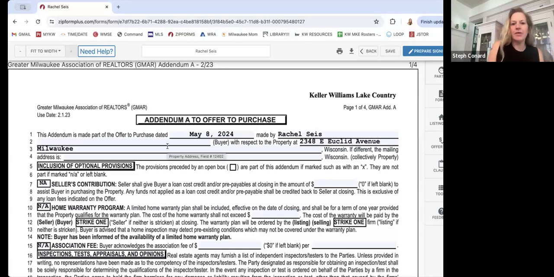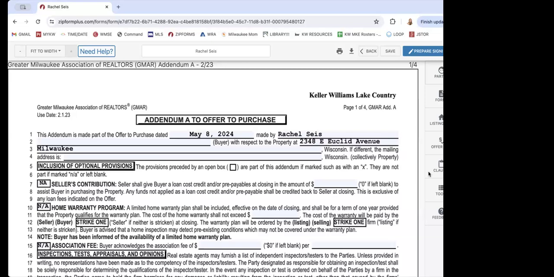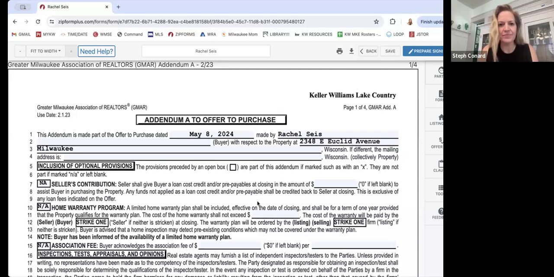Okay, can everyone see the Addendum A up here? Yes. All right, so the Addendum A again is an accompaniment to your offer to purchase. Whenever you go to draft an offer, you will also include the Addendum A. It is exactly that, an addendum, so it's additional provisions to the offer.